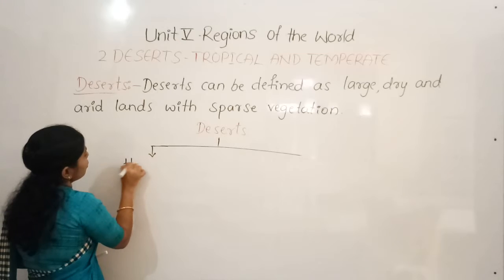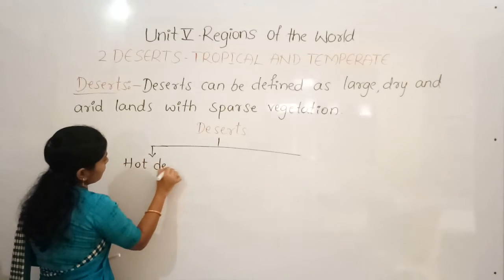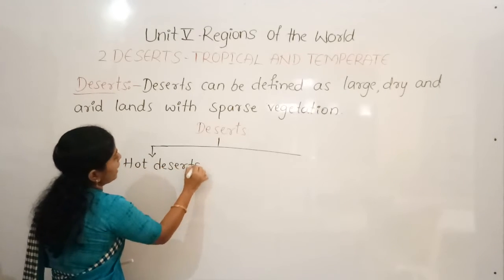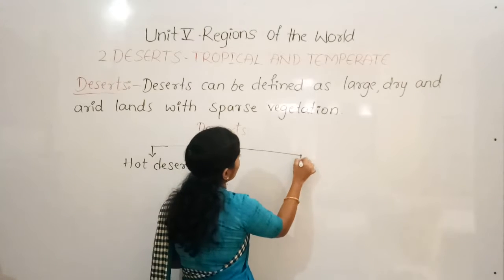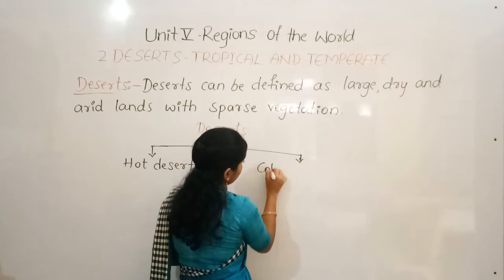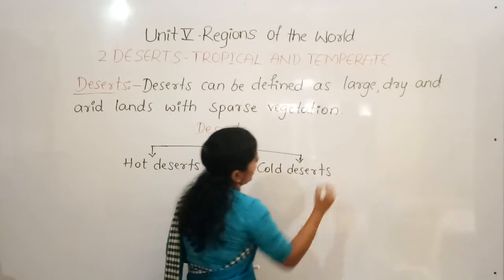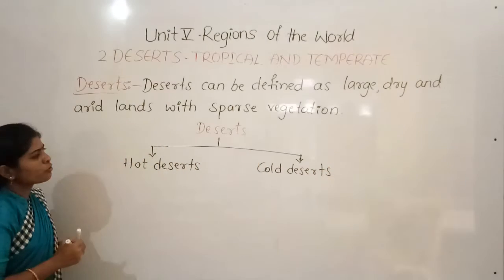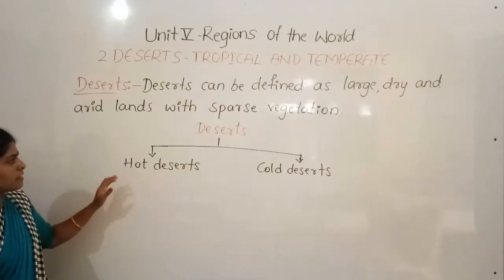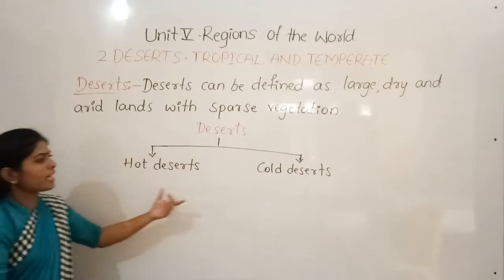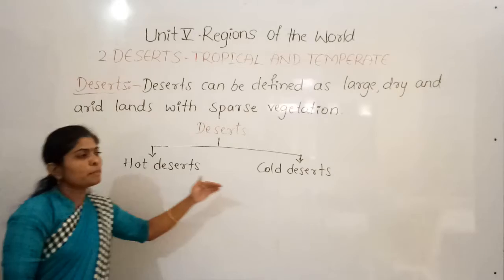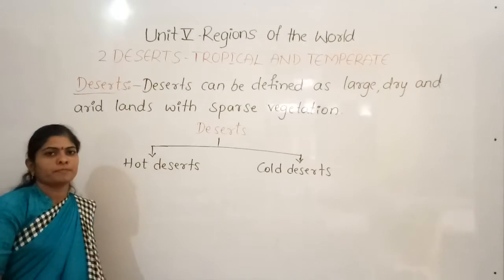One is hot deserts and another is cold deserts. So here also we classify the deserts into hot deserts and cold deserts, depending on the location.